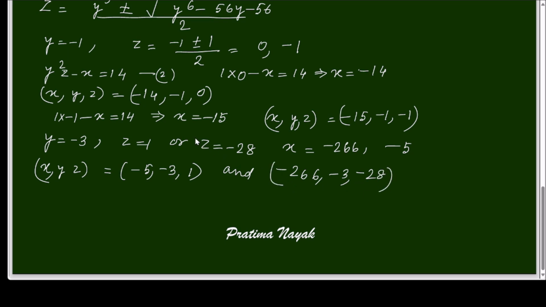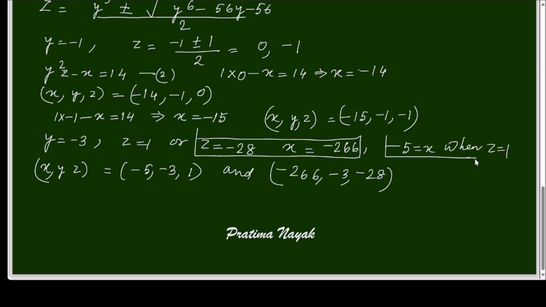When z is equal to minus 28, x is equal to minus 26. When z is equal to 1, x is minus 5. How many values did we get? We got 1, 2, 3, 4.